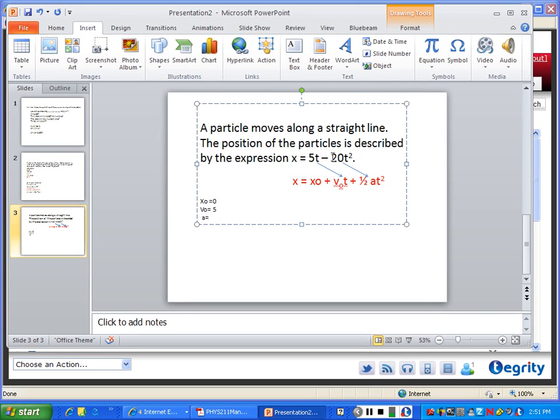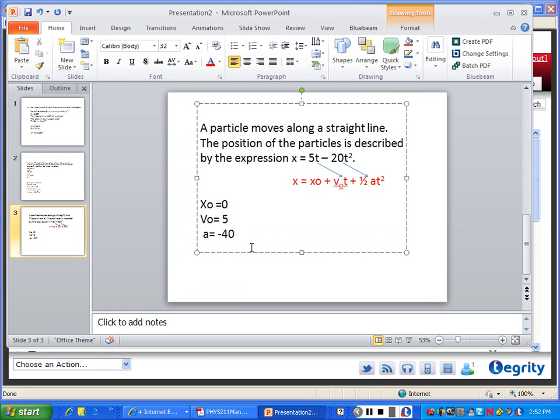Well, if minus 20 is 1/2 of a, then a is minus 40, right? So we've immediately identified by correspondence with this generic equation, the specific equation gives us this particular information here.